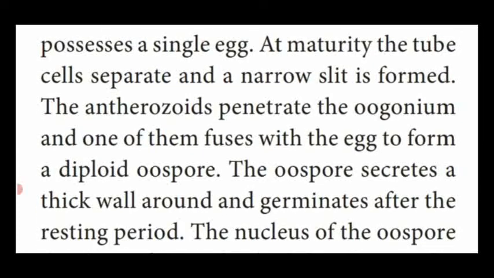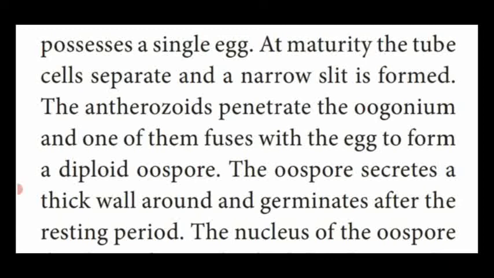At maturity, the 5 spirally twisted tube cells are separated, which forms a narrow path or a narrow slit. The anthrozoids released by the globule penetrate the oogonium, that means enter into the oogonium via the narrow slit produced by the 5 spirally twisted tube cells.